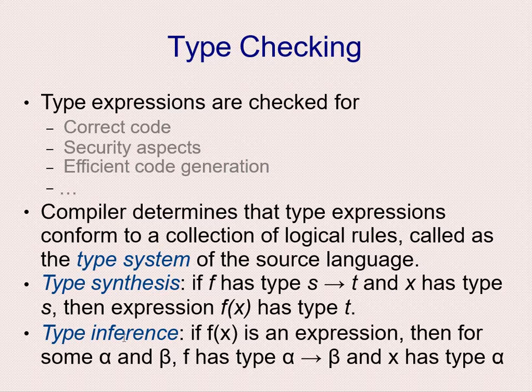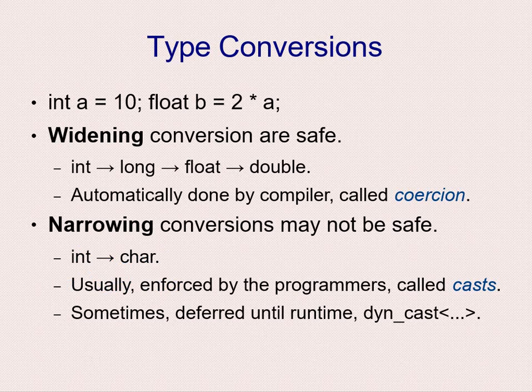Type inference: if f(x) is an expression, then for some alpha and beta, f has type alpha determining beta and x has type alpha. So these two, type synthesis and type inference, may be there. Now we will see type conversions.